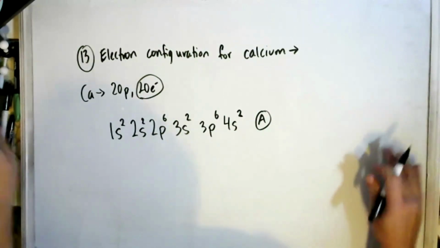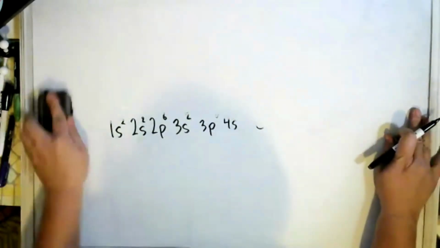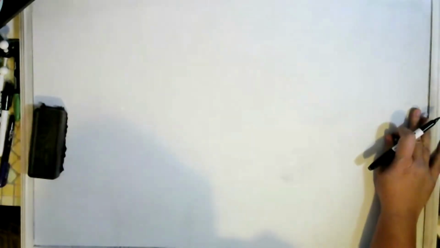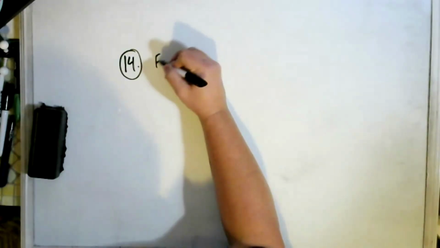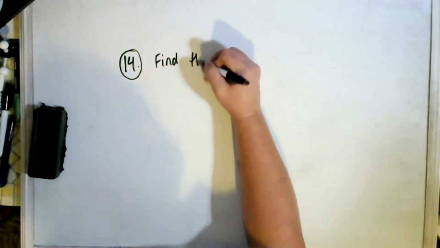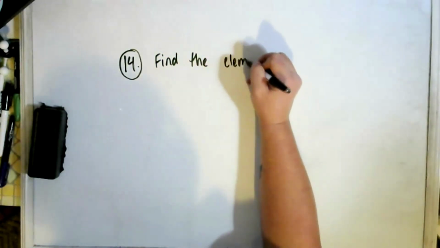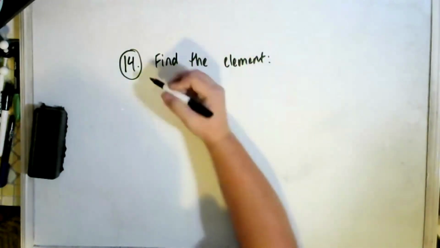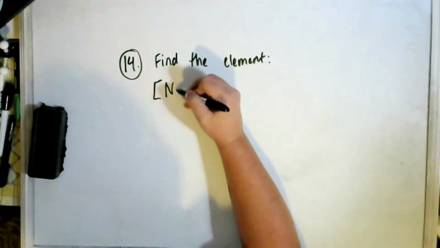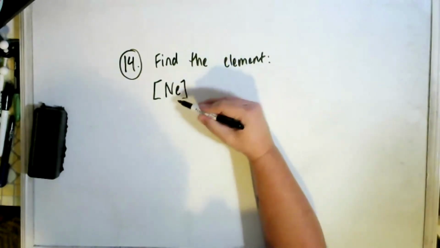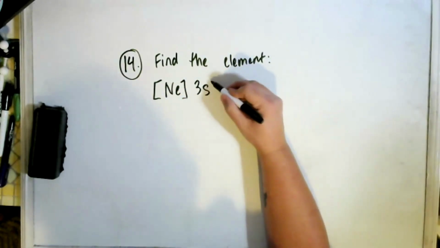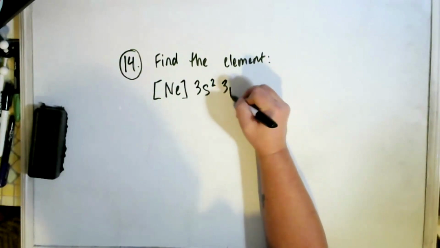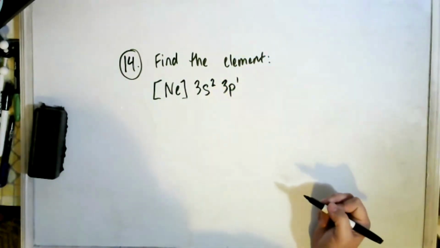All right, the next question, number 14, asks us to find the element that has the electron configuration they're giving us. They bracketed off neon, and then they gave us 3s2 3p1.